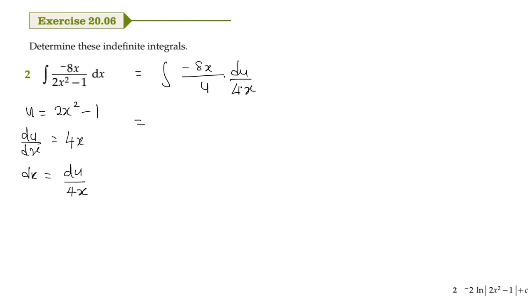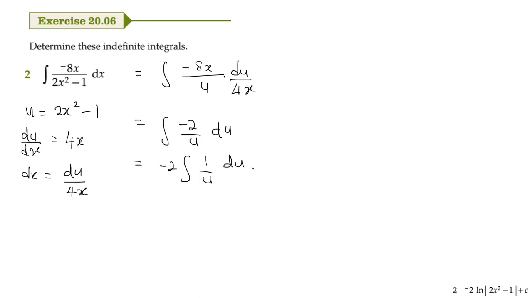Can you simplify anything? Yes, you will cancel out this negative 8 with 4. Therefore, what you have is negative 2 over u du. So take out the negative 2 outside. So what we have is 1 over u du.